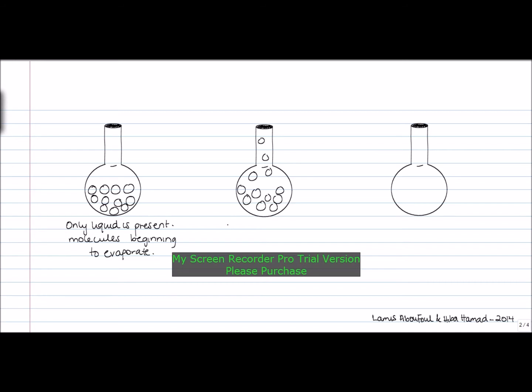So evaporation here is happening at a constant rate. And we emphasize constant rate because this is what equilibrium is, basically. And some water vapor molecules are beginning to condense back to a liquid.